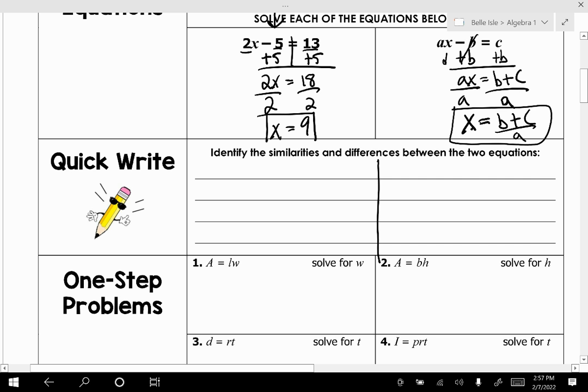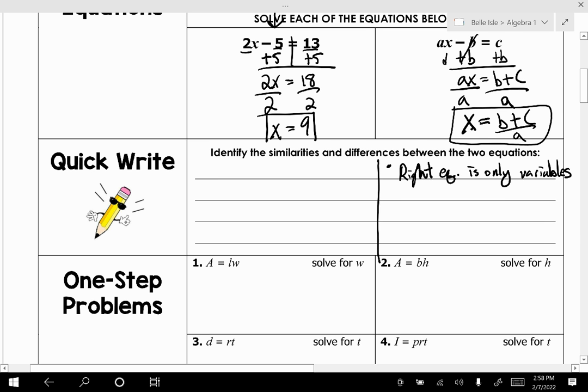I would like some similarities. Heath, give me a first one for differences. One of them is numbers and one of them letters. Perfect. Okay. The right equation is only variables.